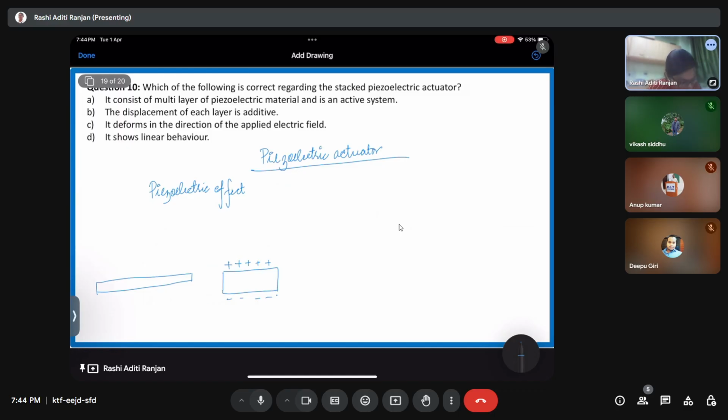Wherein a mechanical deformation of the material induces charge on the surface.